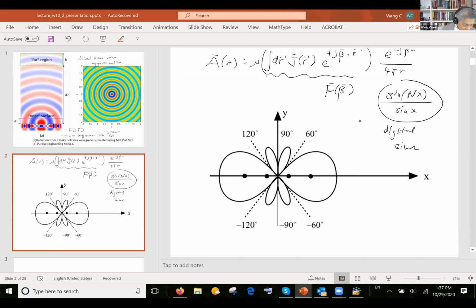Okay, a digital sinc is rather complicated. Okay, let me see if I have an expression for it. The x for the digital sinc turns out to be, for the simple case that we have in our lecture note, x is given to be something like beta d cosine phi plus psi.